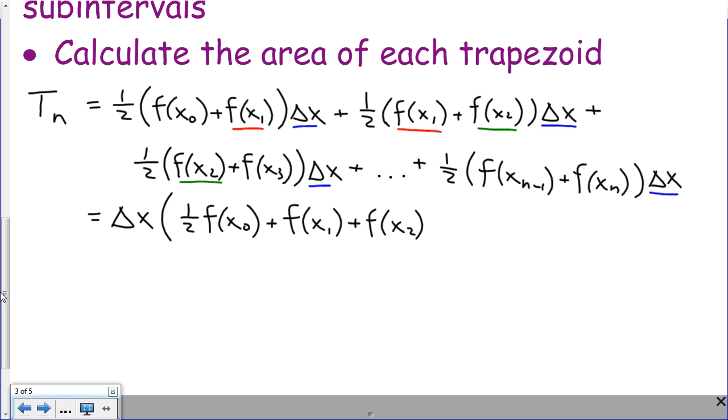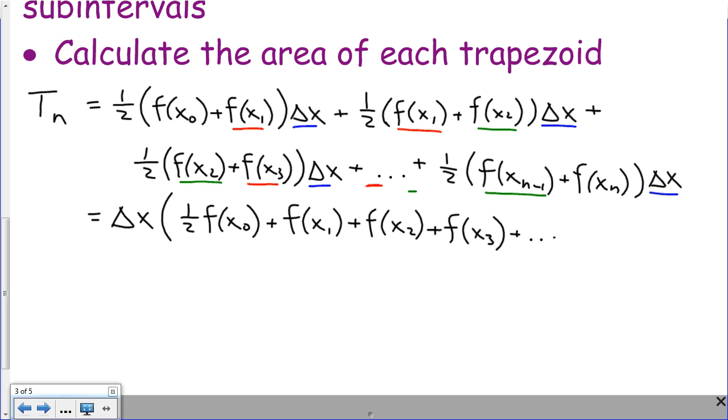And I have an f of x sub 3 right here. And I didn't write down the next term, but the next term would have an f of x sub 3 there, another 1/2 of it there. So I end up with just another f of x sub 3. And so forth. This continues all the way up to the end. And in the very last, I guess I'll go ahead and write the last 2 terms of this. In the last 2 terms, I have a f of x sub n minus 1 that I have here.